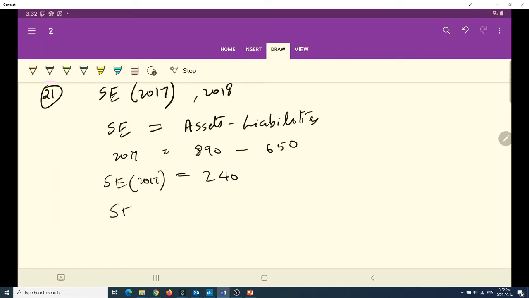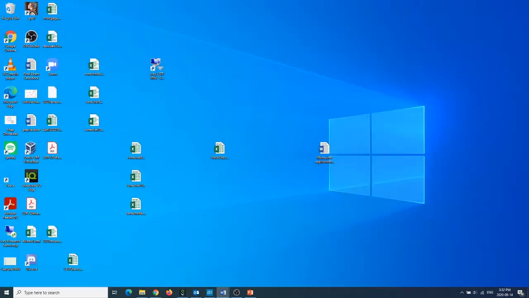Okay, so what's the shareholder equity for 2018? It's going to be shareholder equity from the previous year, 40, plus net income from 2018. 1950 minus 1030, 350, 250.